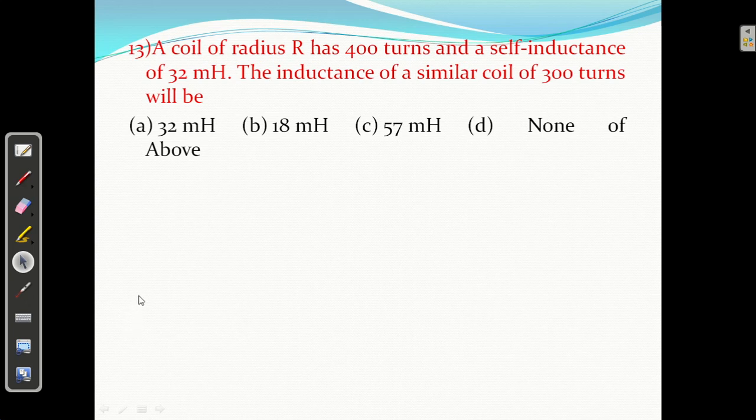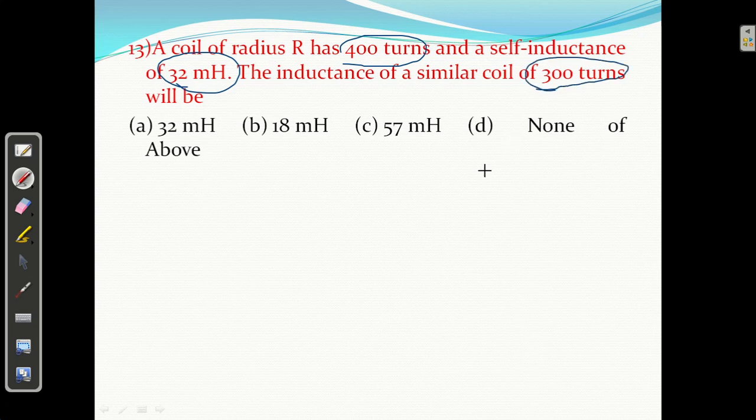13. A coil of radius r has 400 turns and self-inductance of 32 millihenry. What is the inductance of the similar coil of 300 turns?